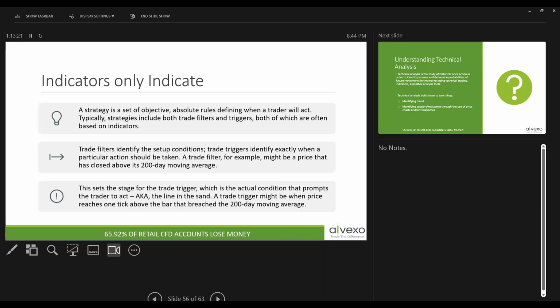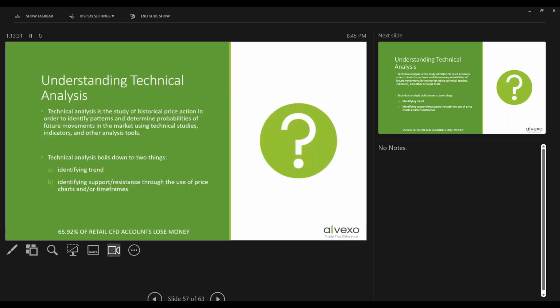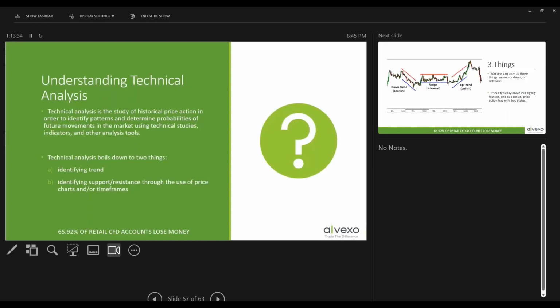So a strategy is a set of objective, absolute rules defining when a trader will act. Typically, strategies include both trade filters and triggers. So understanding technical analysis, which is the study of historical price action in order to identify patterns and determine probability of future movements in the market using technical studies, indicators, and other tools.